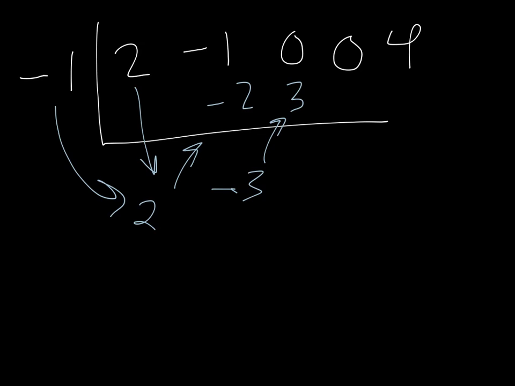We add down, 0 plus 3 gives me 3. Once again, negative 1 times 3 gives me negative 3. Adding down, 0 minus 3 is negative 3. And one last time, negative 1 times negative 3 gives me positive 3, which gives me a remainder of 7.